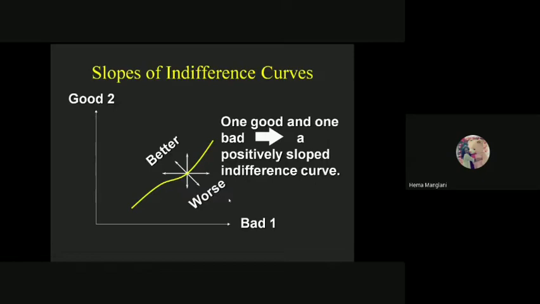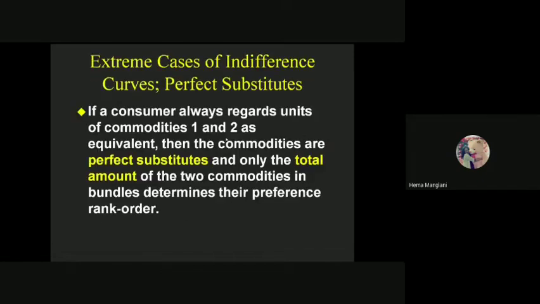And then the extreme cases of indifference curves, for the perfect substitute. If a consumer always regards units of commodities 1 and 2 as equivalent, then the commodities are perfect substitutes, and only the total amount of the two commodities in bundles determines their preference rank order.